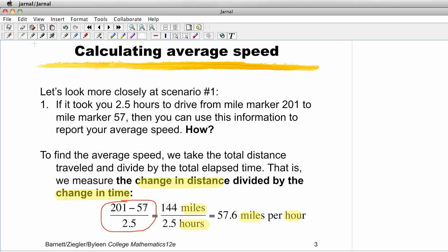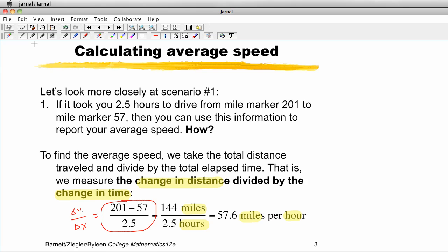So this change in distance over change in time is really exactly the same thing as the calculation we did before, delta y, change in something over delta x. Remember, we used the delta, the triangle, for change. So if y measures distance and x measures time, then delta y is change in distance and delta x is change in time.